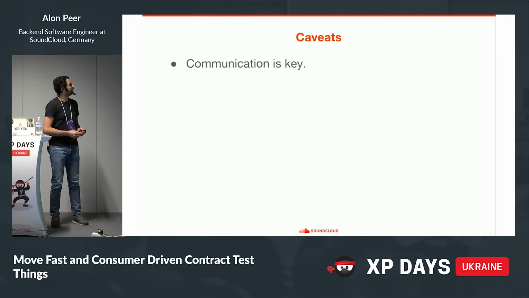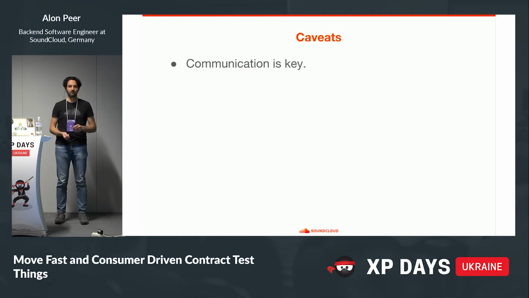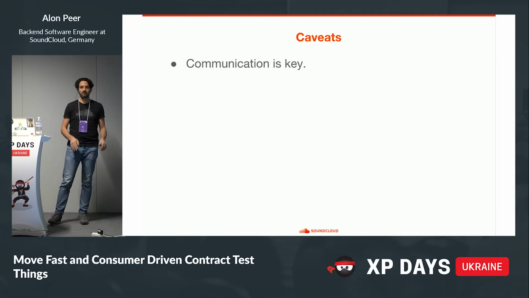So what can go wrong, or what to look out for? First of all, communication is key. The fact that you have some system that you can use now doesn't mean that it makes communication obsolete. There's still going to be talks between the teams to understand how to build that API, what goes in there, what doesn't.